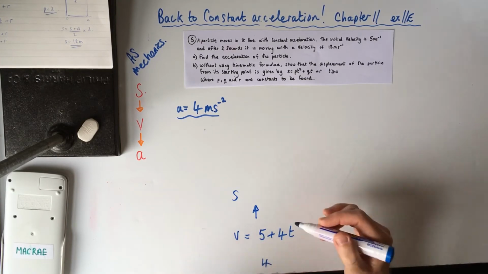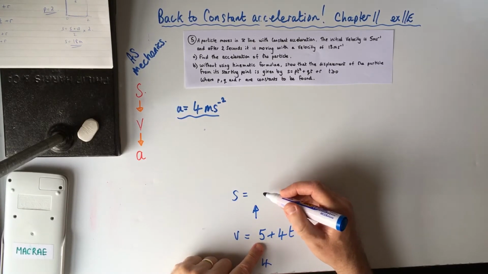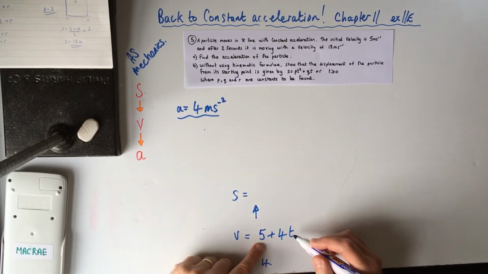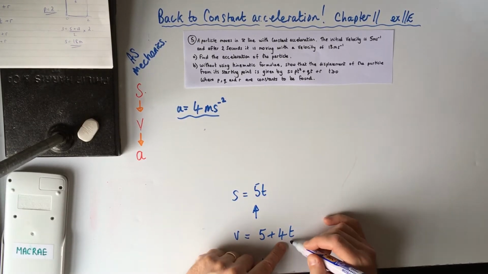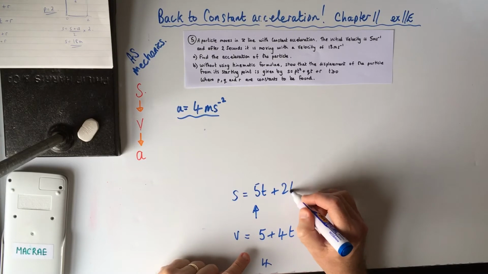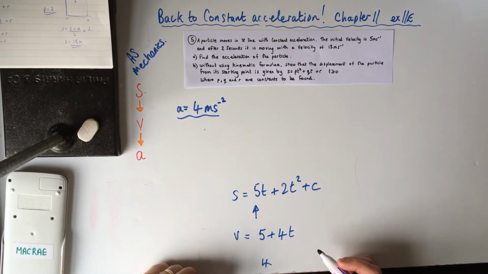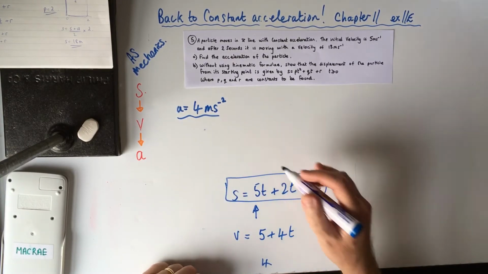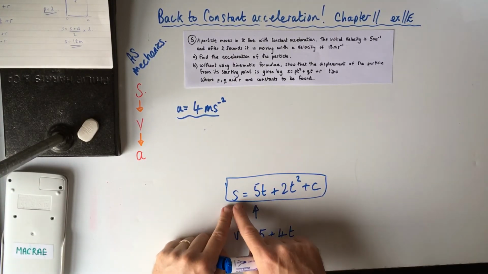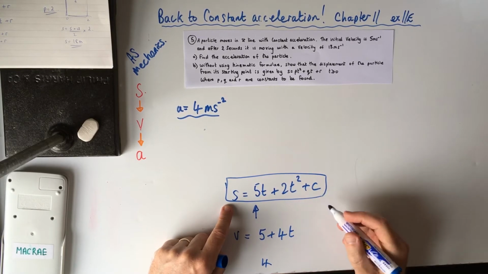well, I should have written that the other way around, shouldn't I? We get 5t, and that becomes 2t squared, plus a c on the end. So by integrating we get that, but we also know that s, the displacement, is 0 when t is 0, which means that c is 0.